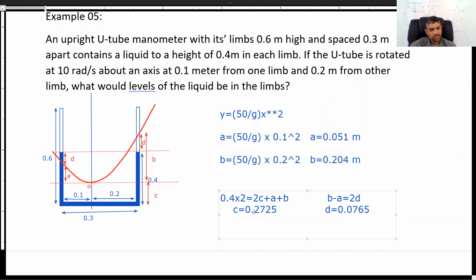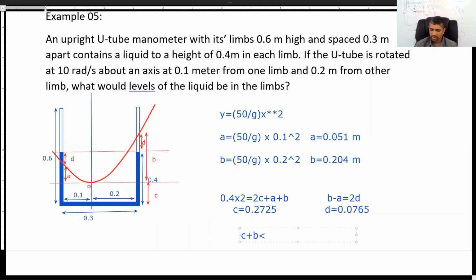Okay, so now you can find the exact value. Since we know C, we can add A to C. C plus B, it must be C plus B. These are the conditions. C plus B, C plus B.